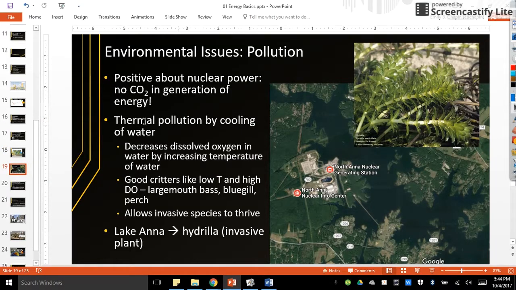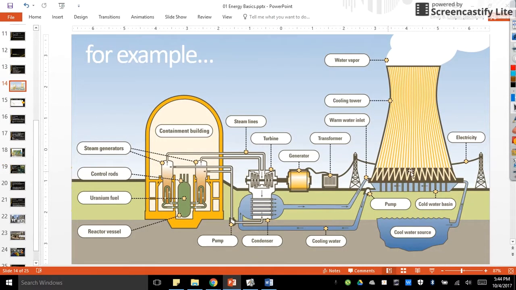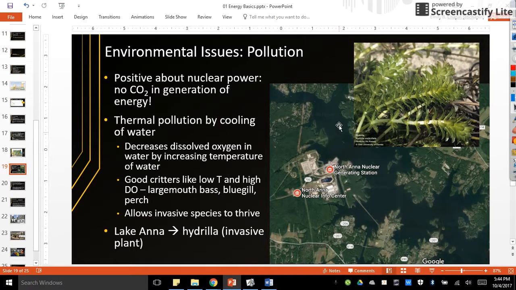However, we do have to deal with thermal pollution from the cooling of the water. If we look back at this picture, we're releasing water into our cooling pond over here. If you've ever been to Lake Anna, this is a very large cooling pond for the North Anna nuclear power plant.